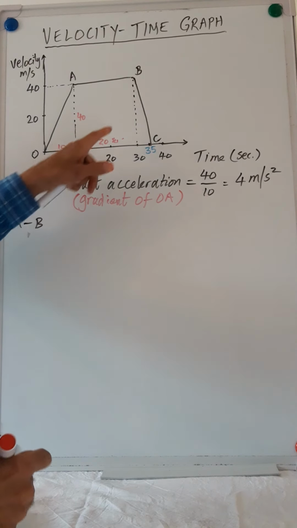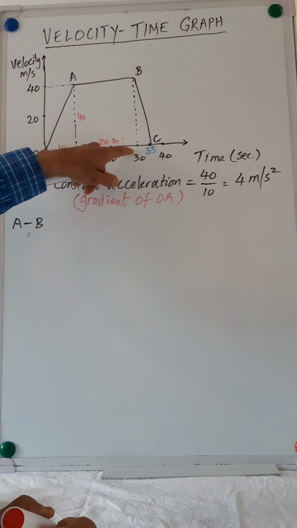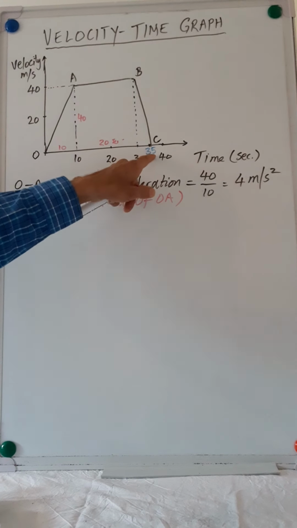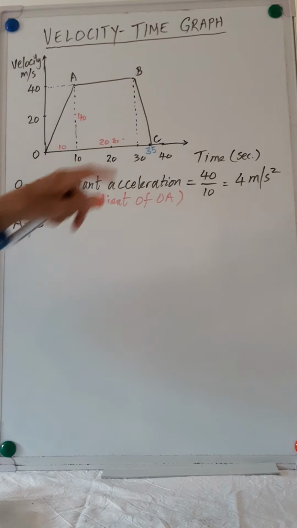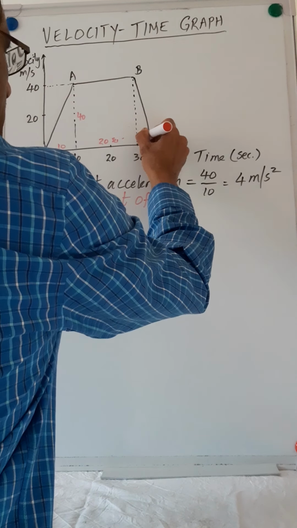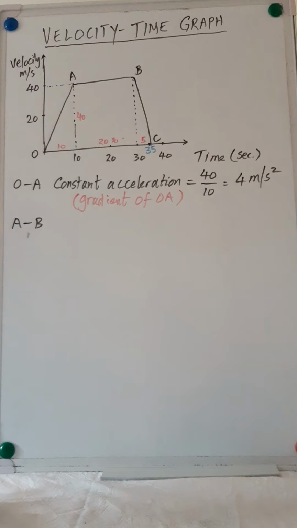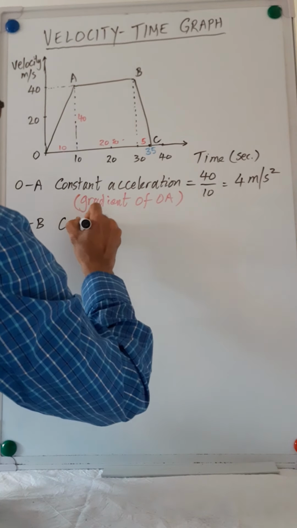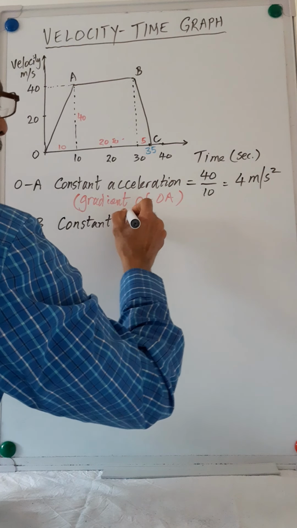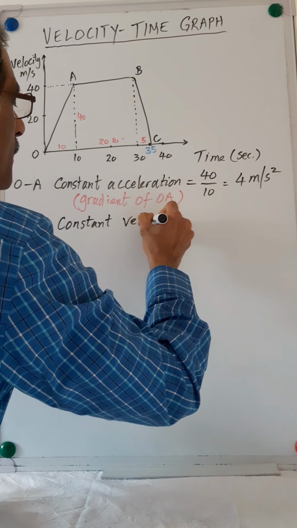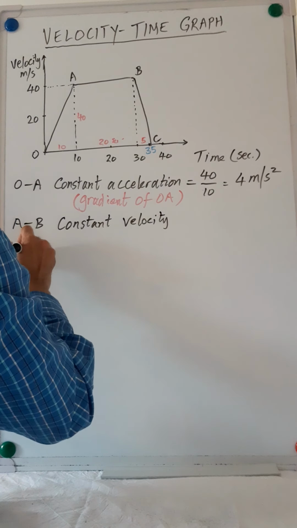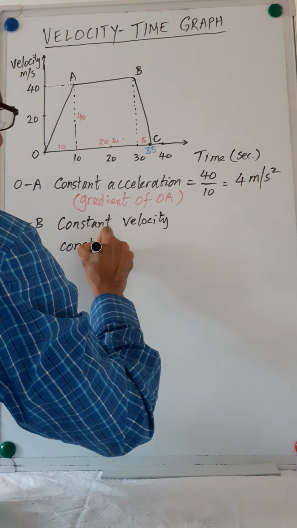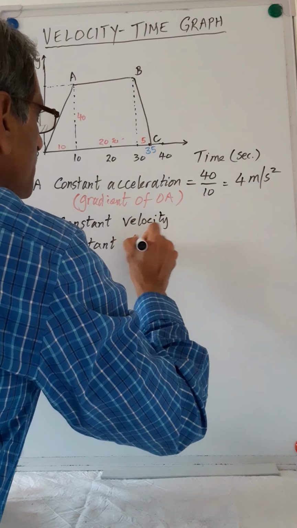Then from B to C, the speed decreases from 40 back to 0, and it only takes 5 seconds to do that. So from B to C is deceleration. From A to B is constant velocity, and B to C is constant deceleration.